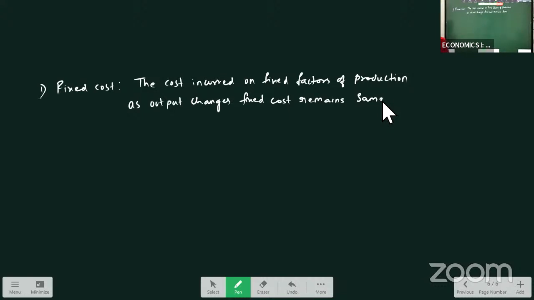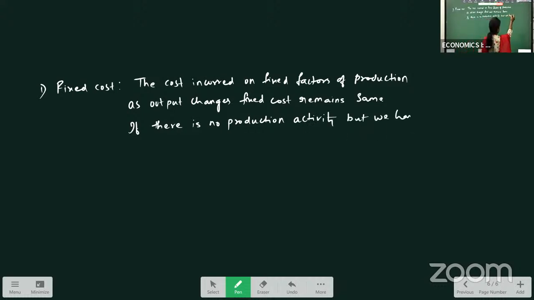And also we can say, if production activity does not take place, we still have fixed cost. Why? Because if you don't do production also, you have to pay rent on building.